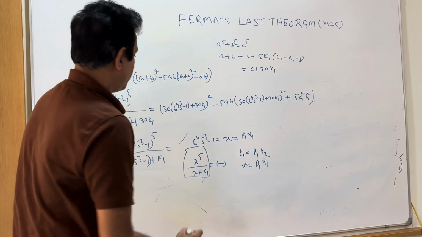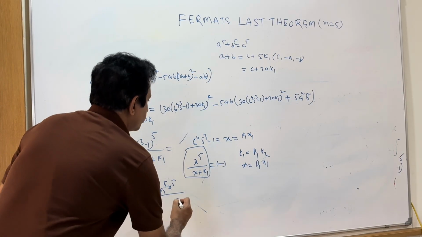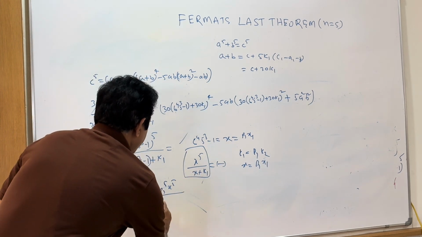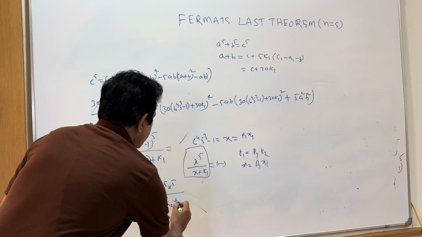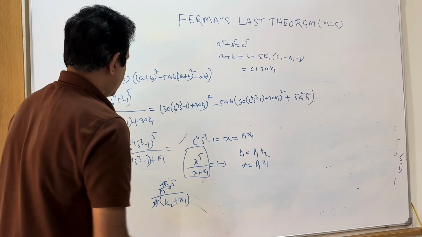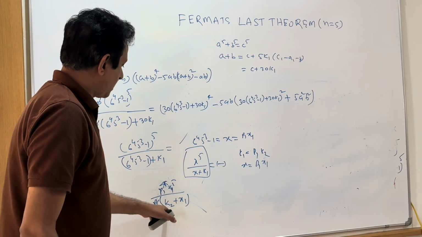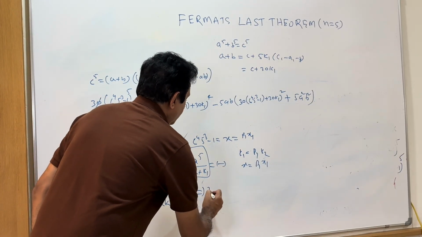Then x power 5 is P1 power 5 x1 power 5, divided by x plus K1, which is P1 into K2 plus x1. So once again x1 power 5 by K2 plus x1 should be an integer. Then again this will go into infinite descent.